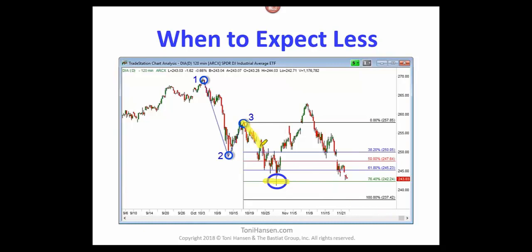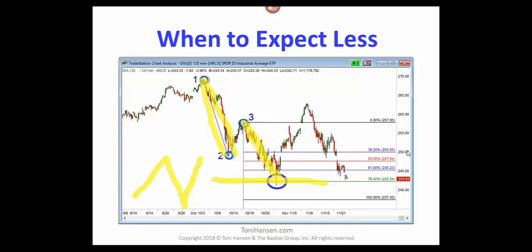Because when momentum is still average, even if it is not as strong as the original move, the typical target zone that I will look for will be that 76.4%. If this is slower than average, meaning if you look at most of the V pivots back and forth in the past, then I'm going to tighten it up and maybe look for 61.8% or sometimes even 50% as target levels, just because of those momentum shifts.